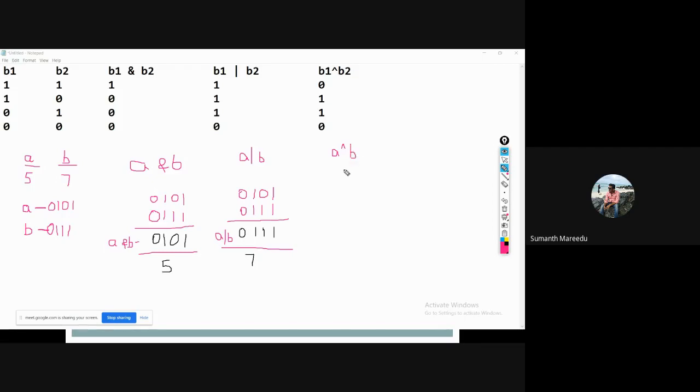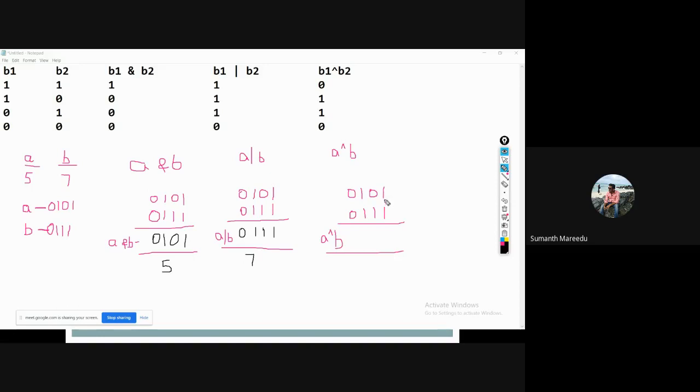A XOR B. So again I'll take 0 1 0 1 and here it is 0 1 1 1. So what is the value of this operation now? 0 0 1 0.